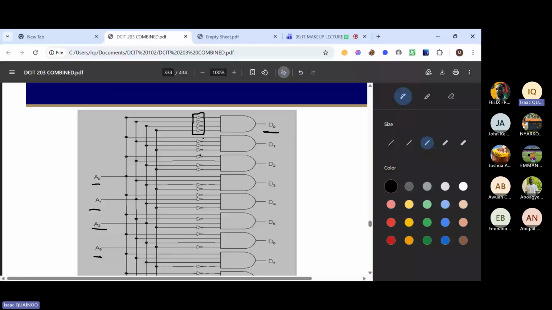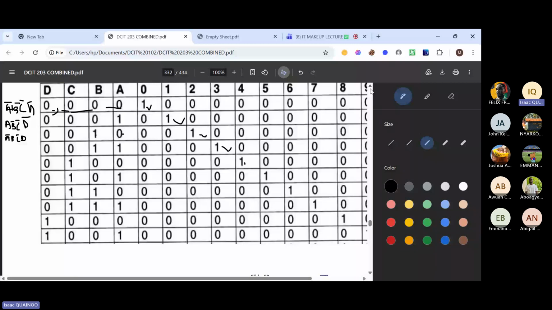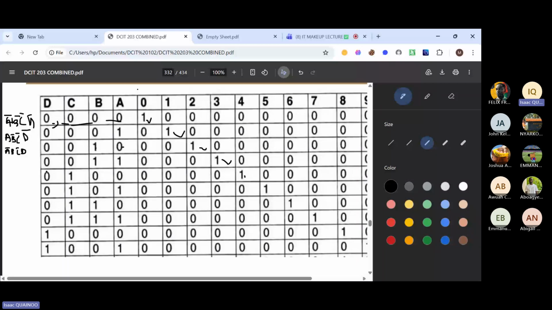So you can see that your A is prime, then you have B is not inverted, then your C and D are also inverted. So we follow same method to deduce the expressions one by one. And after deducing the expressions, we can now draw the corresponding gates based on the expressions that we have here.